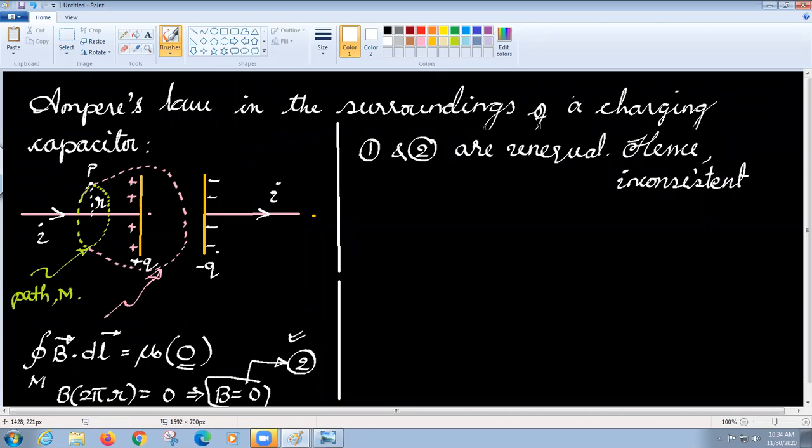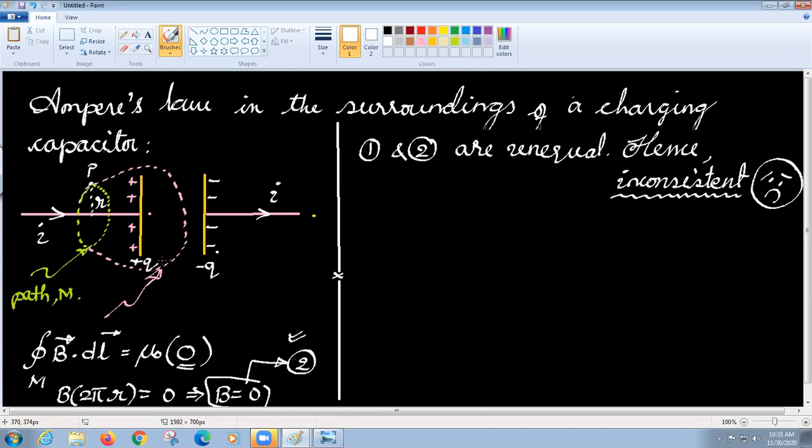Yeah, so this is unfortunate. Ampere was thinking he was good in all situations, but Maxwell identified this inconsistency.